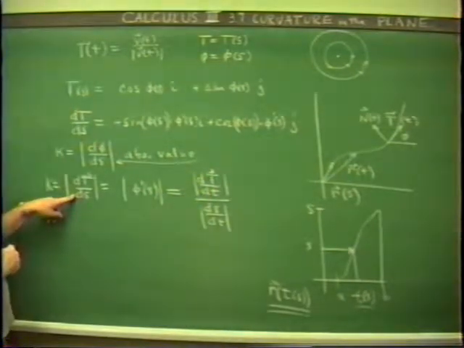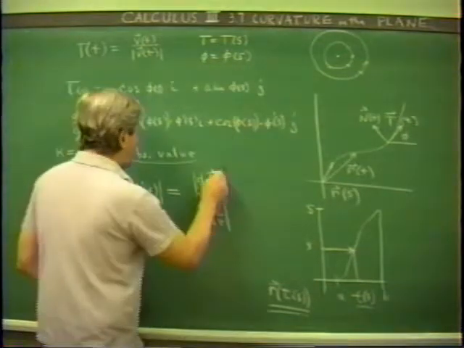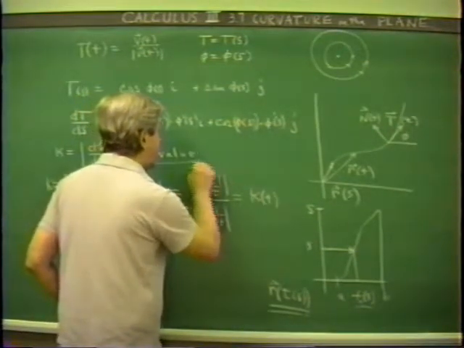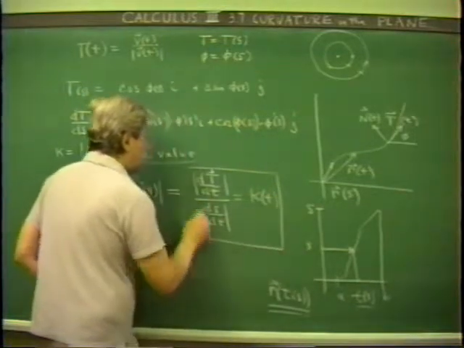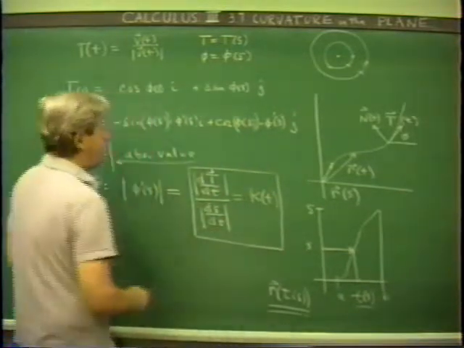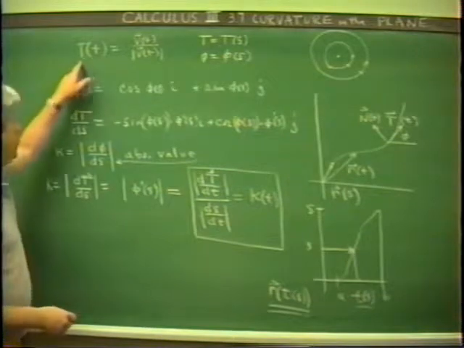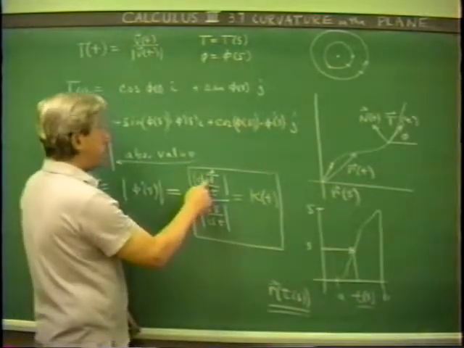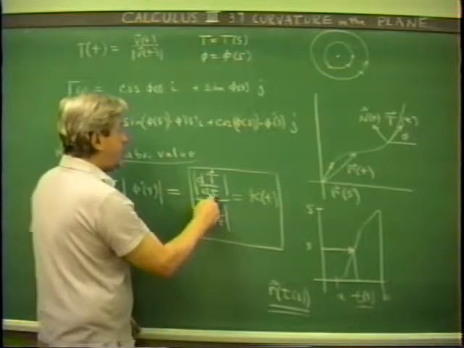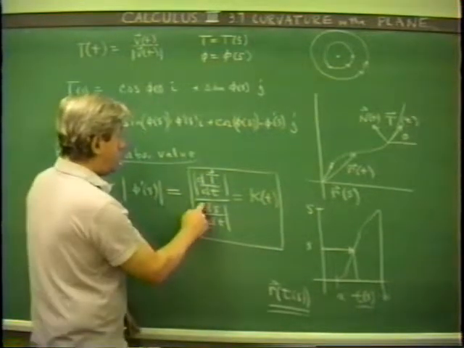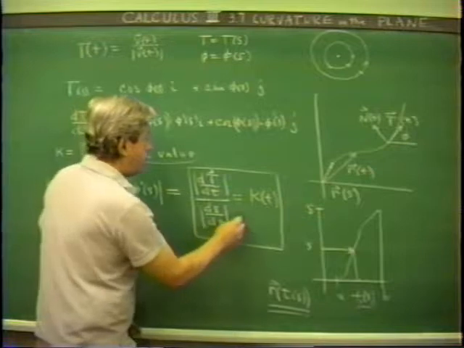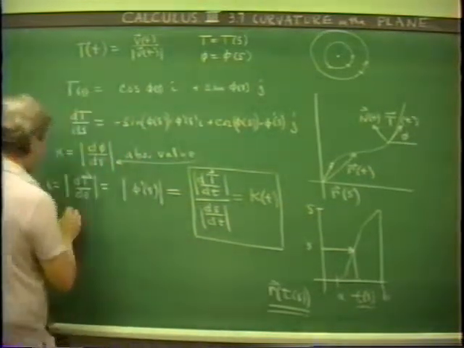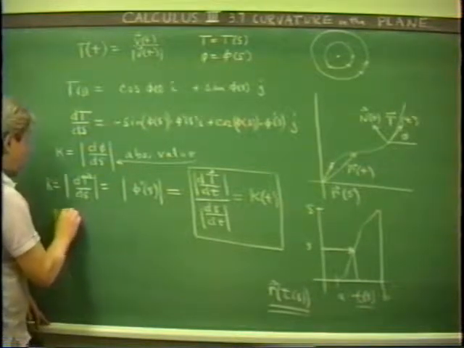That's to say, dT ds times ds dt is dT dt. So from a computational standpoint, this will be the curvature at time t, no matter what parameterization is given. If we start out with r of t, we can compute T of t, dT dt, and ds dt, which is the magnitude of the velocity.